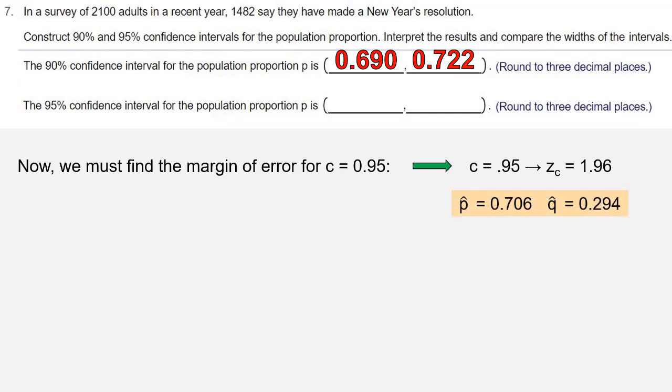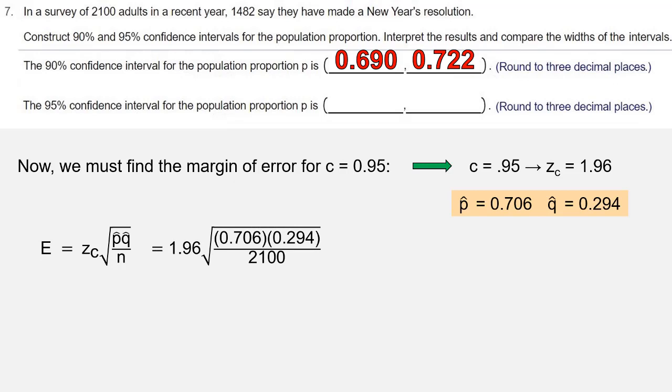So error equals zc times the square root of p hat q hat over n, inserting the values that we have. That's 1.96 times the square root of 0.706 times 0.294 over 2,100. When we evaluate that value, we get 0.01948599984. Rounded to 3 decimals, it is 0.019.